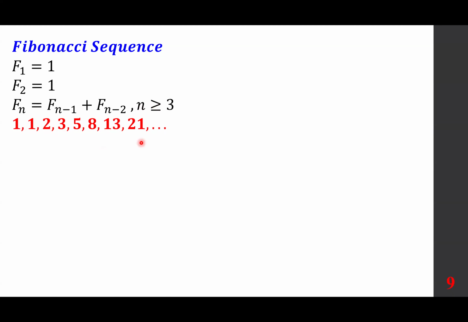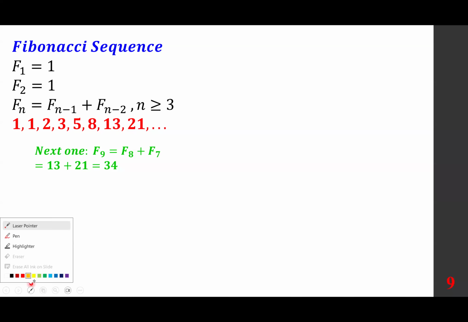So if I want the next term, for example, I'm going to add these two. And I get 34. If I want the next one, I add 21 and 34. I get 55.